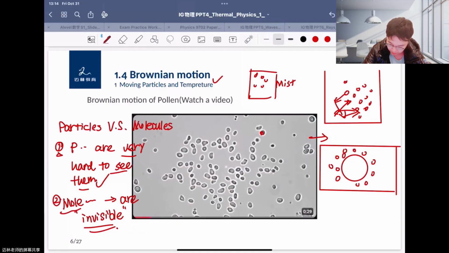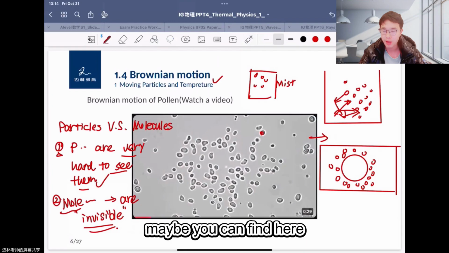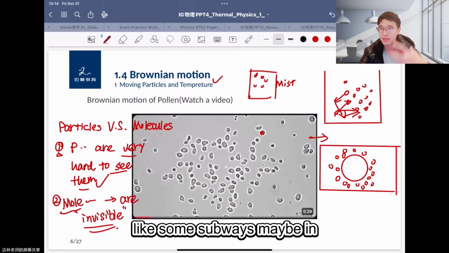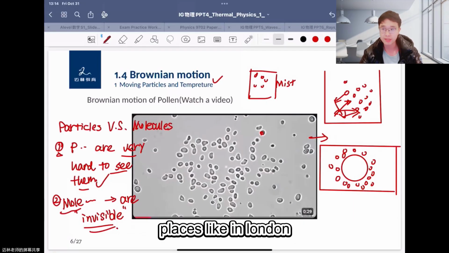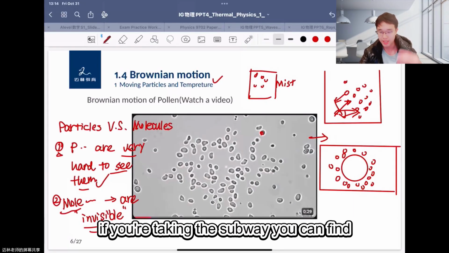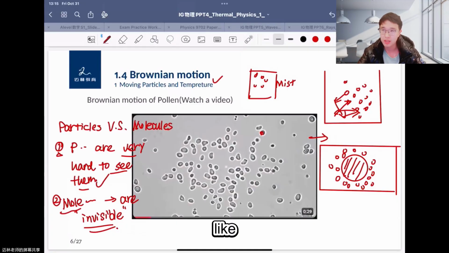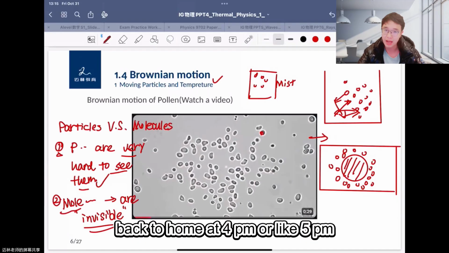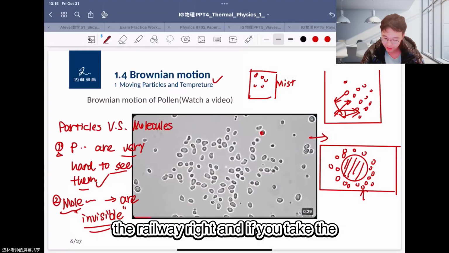If you have taken the subway, maybe in Indonesia, in China, in London or in other places, you can find when we are going to work at 8 a.m. or 9 a.m., or going back home at 4 p.m. or 5 p.m., there is a crowd of people inside the railway, right?